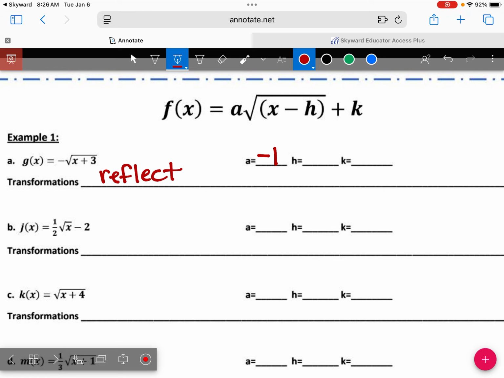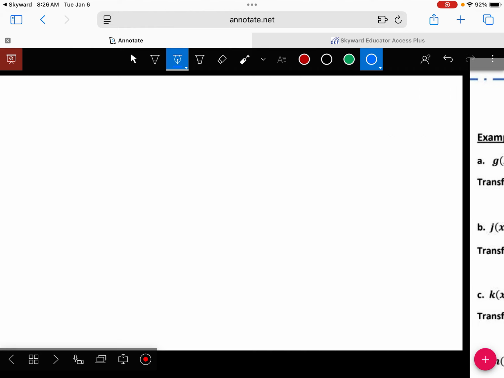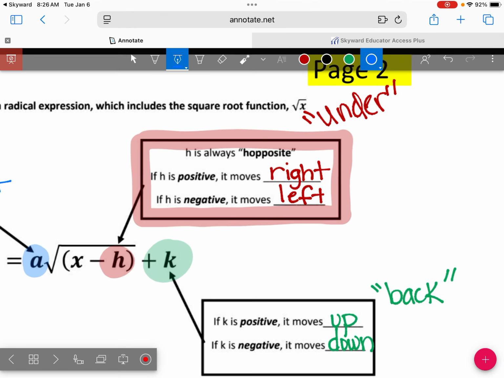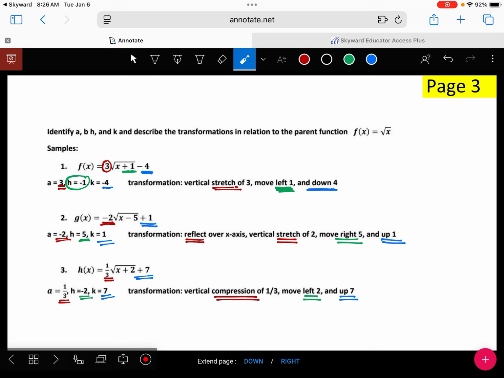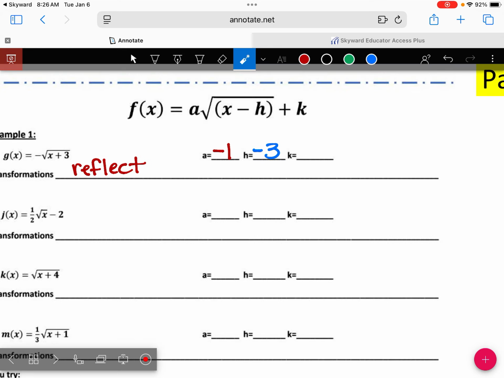Under is under and is opposite. So it says +3, which means H is -3. All right, let's go back. When H is negative, what does it make your graph do? Go left. Good job. And it's going to go left 3.